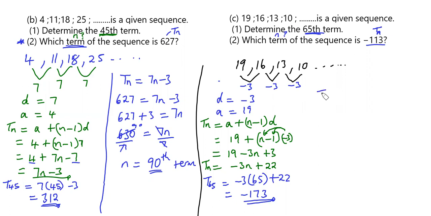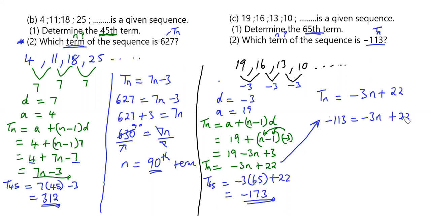So we use the general term that we already found, Tn is equal to negative 3n plus 22. Then negative 113 is equal to negative 3n plus 22.